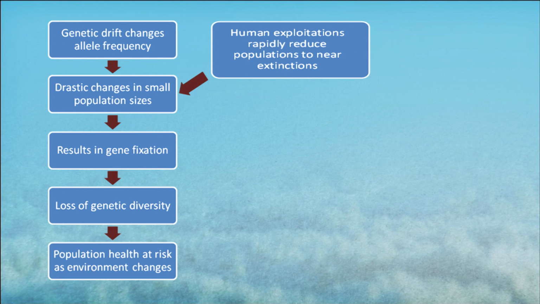If you get a very rapid reduction in population size, you're much more prone to this idea of gene fixation, whereas you get one allele for the gene. There's no diversity among individuals in specific genes. When you lose this genetic diversity, your population or your species as a whole basically doesn't have the resources for which natural selection can act on and allow that species to adapt to changes.